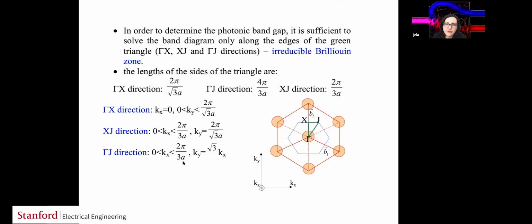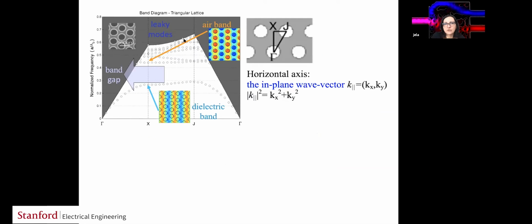And then gamma J direction, kx goes between 0 and 2 pi over 3 a, like here, but ky is root 3 times kx. That comes from the fact that the angle is 60 degrees between kx and ky. Everybody okay? Okay. So then, now my question for you is, why does the light line look like this?